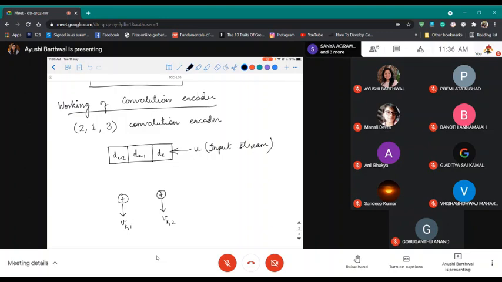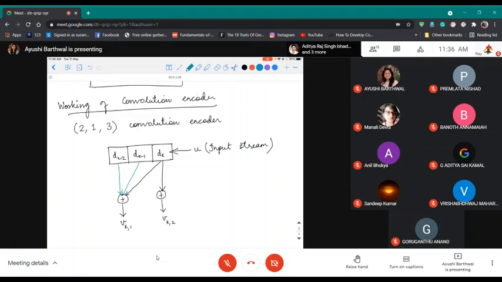Both the outputs depend upon the present input, but they also depend upon the past inputs. VK1 is the modulo 2 addition of all the 3 bits. This is just one example of a type of convolution encoder. There can be some other circuits also.